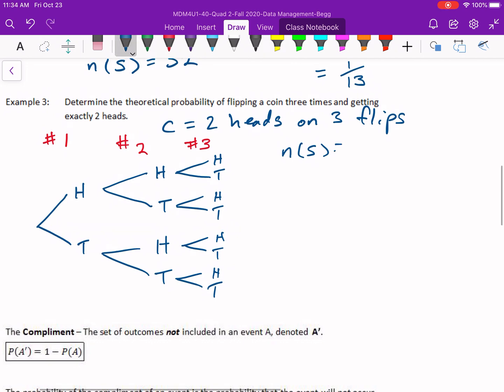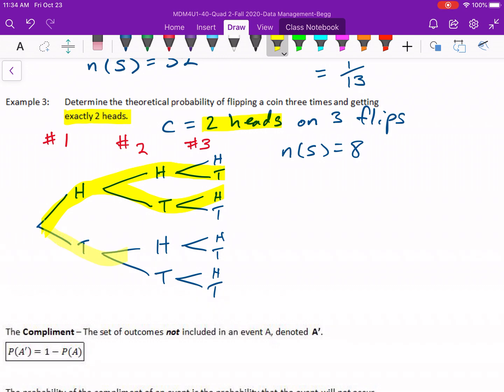So there's 8 outcomes. We want the paths that contain exactly 2 heads. Not 2 or more, we want exactly 2 heads. So we have to just go down the paths that have 2 heads and 1 tail, but they can be in any order. So it could go heads, heads, tails. It could go heads, tails, heads.